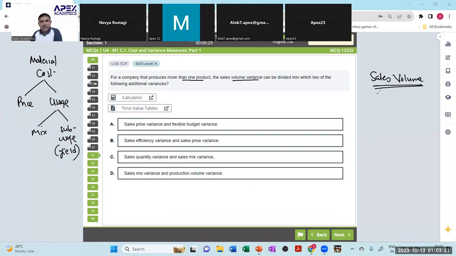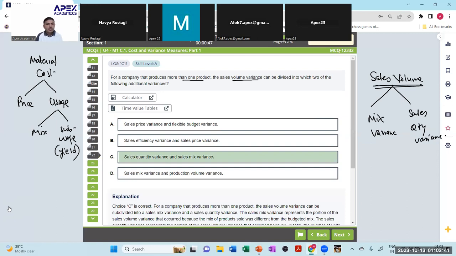Yield. वैसे सेल्स वॉल्यूम में क्या आएगा? सेल्स मिक्स वेरिएंस आएगा. और जो सब यूसेज है उसको बोला जाता है सेल्स क्वांटिटी वेरिएंस. सेल्स क्वांटिटी एंड सेल्स मिक्स वेरिएंस. Same. आलोक, टेक अ स्क्रीनशॉट. ठीक है.